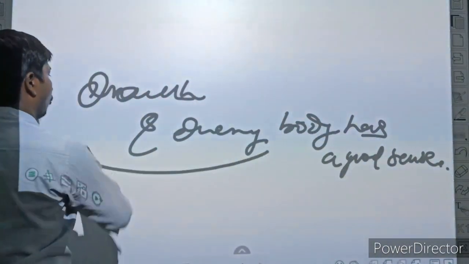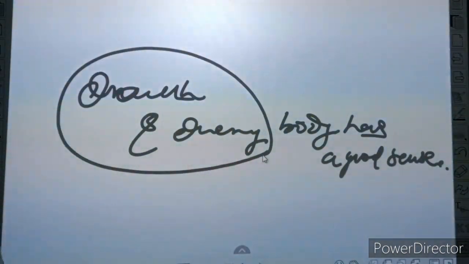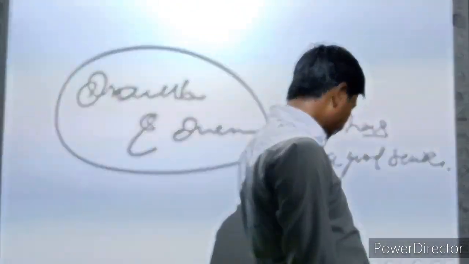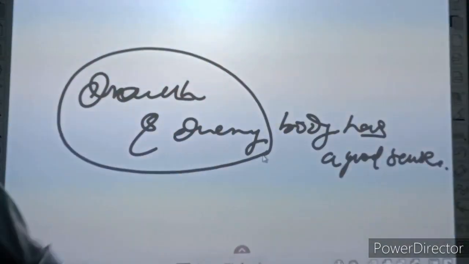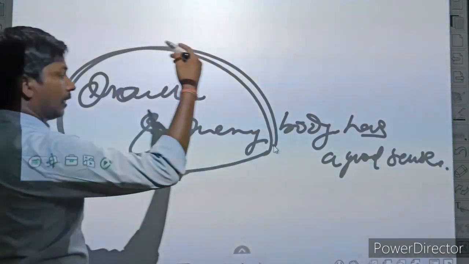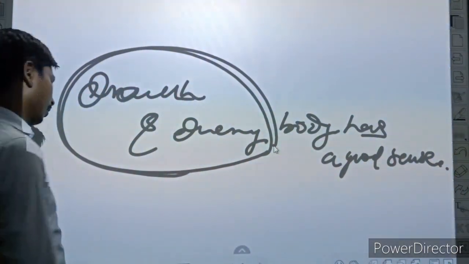When this type of pronoun is used at the beginning of the sentence or as the subject of the sentence, it can be said distributive pronoun. But when this type of pronoun is used at the end of the sentence, it can be said reciprocal.